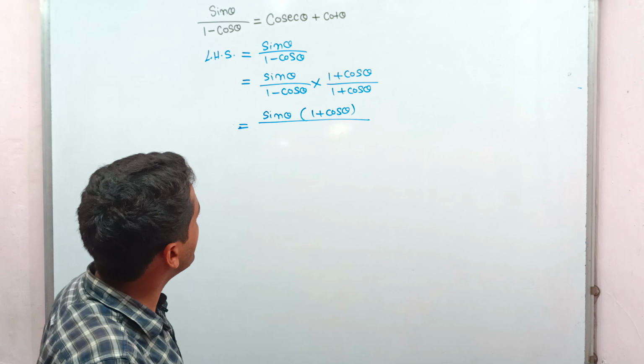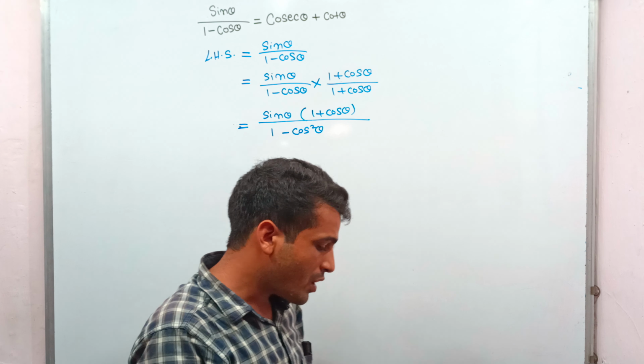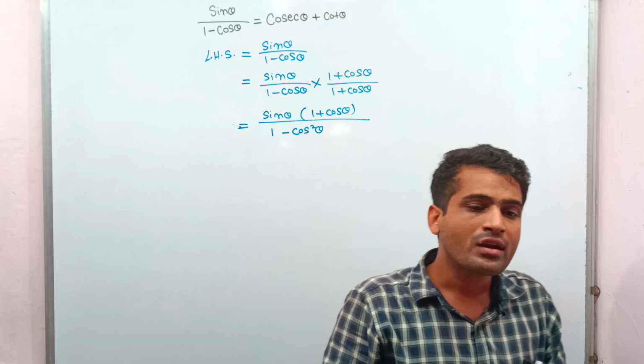I did not write 1 square here because 1 square will be 1. Whatever you do with 1 square, 1 cube, or anything, the same thing will come. Therefore I did not write the square form.